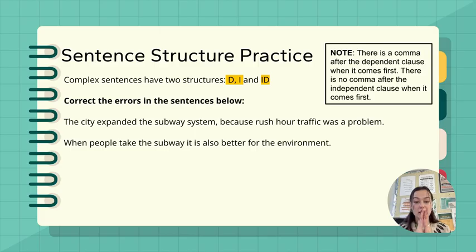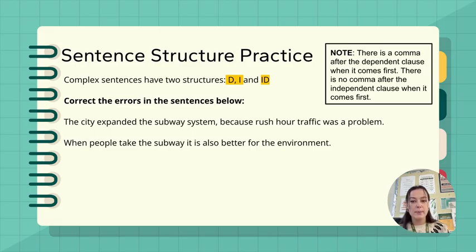So we can connect two independent clauses using a coordinating conjunction, or in this instance, these dependent clauses are going to have a subordinating conjunction, and depending on the order, will determine if we need to use a comma or not. So here we have several sentences that we need to fix grammatically using our knowledge of complex sentences now.